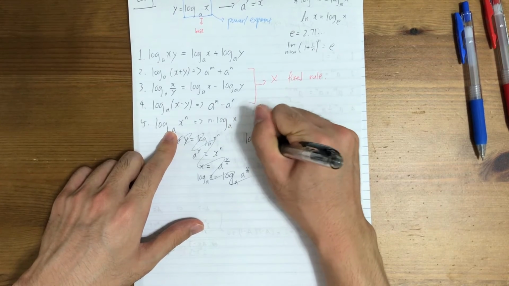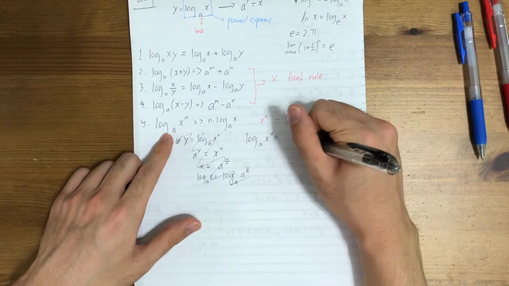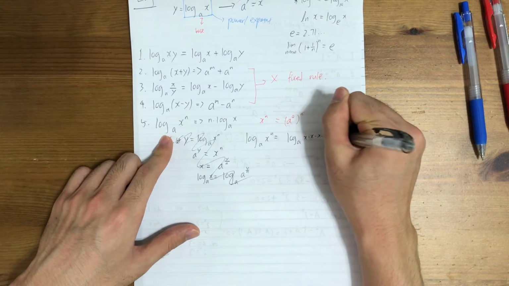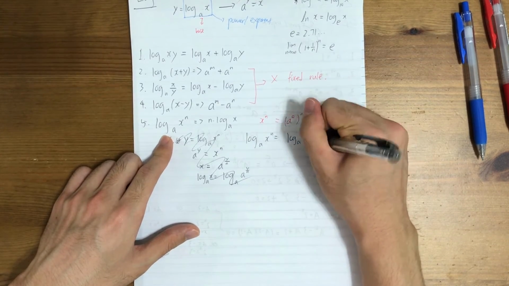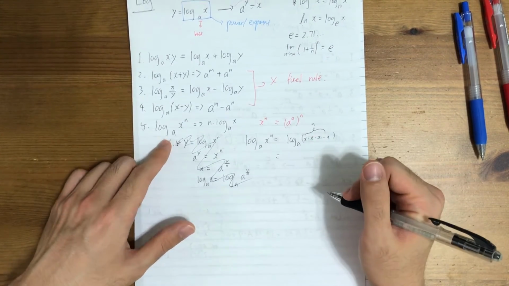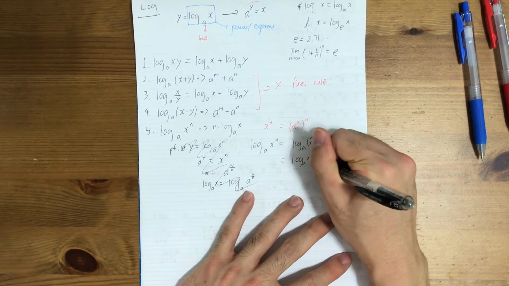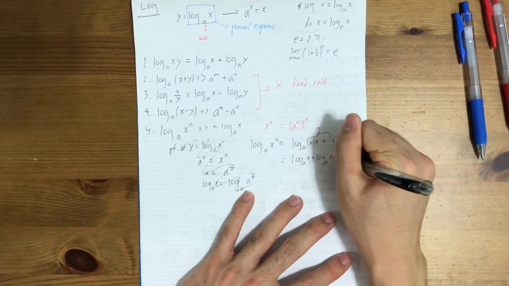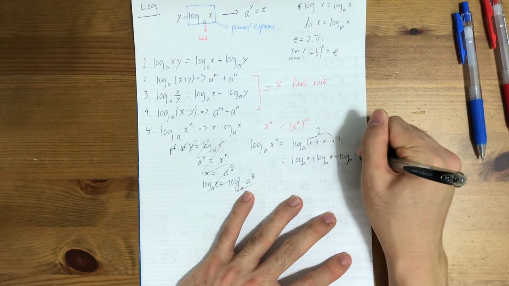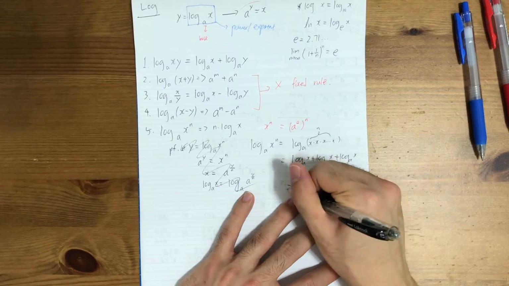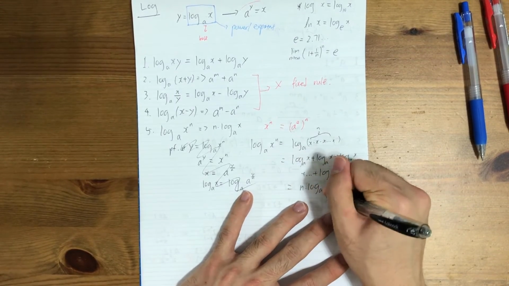Or, log base a of x to the n is simply log base a of x times x times x all the way to x, where we multiply x n times, right? And we basically apply this second property. So log base a x plus log base a x plus log base a x, plus all the way until log base a x, and we have n terms, right? So that's why we have this.